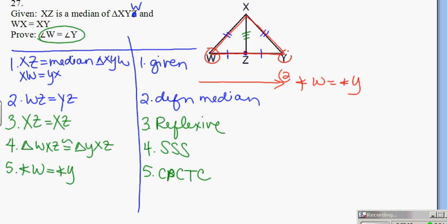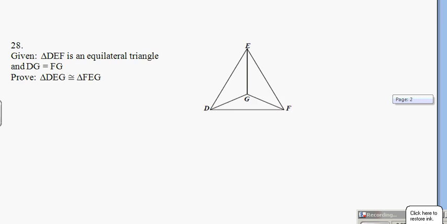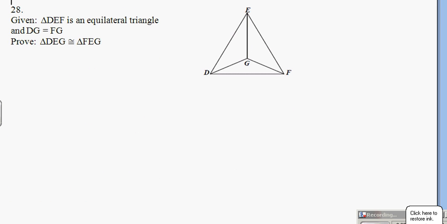And so right here, I could have said that angle W equals angle Y by the isosceles triangle theorem and been done. But just in case you needed to know how the triangles were proven congruent to prove other pieces by CPCTC, you can now see that that is how it works.